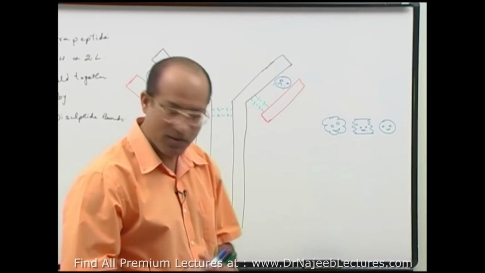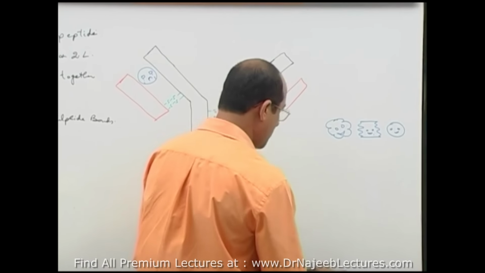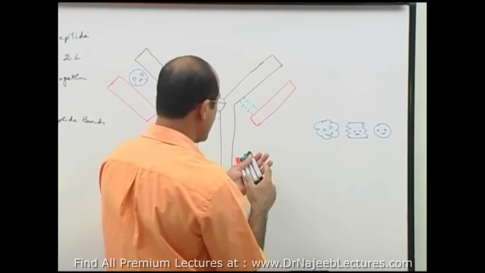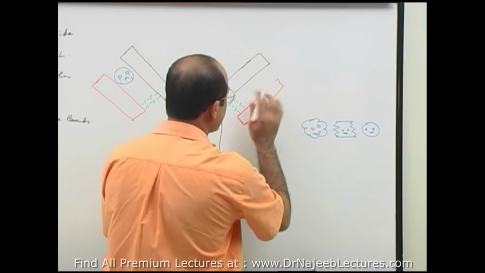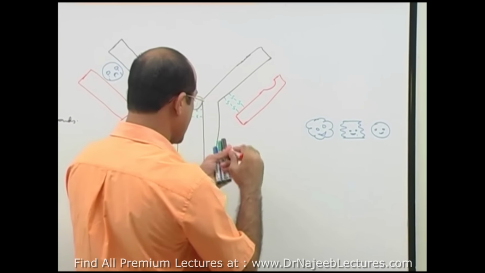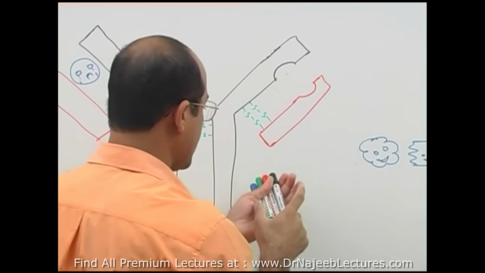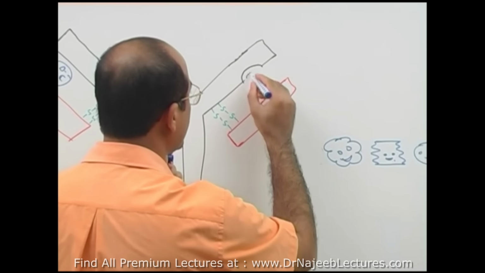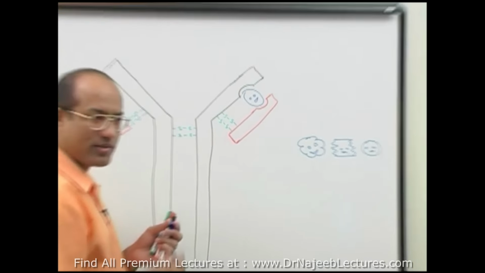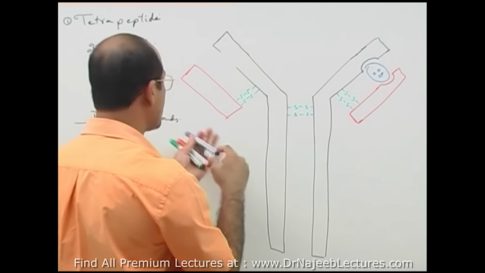Are you understanding? For example, let me make a simple diagram. Now they can catch this antigen. Is that right? In the same way, now it will fit more specifically.